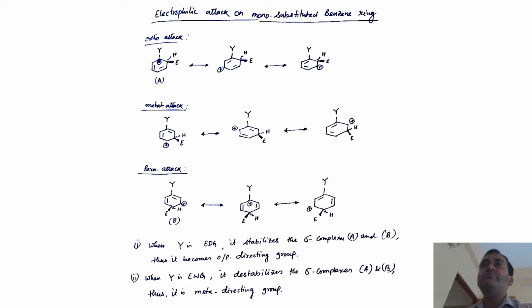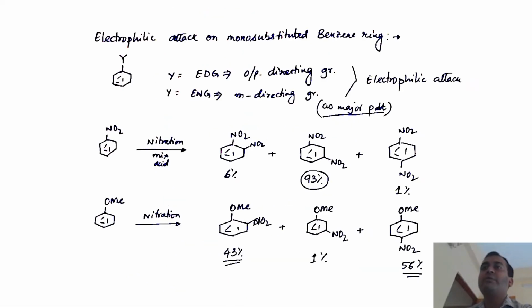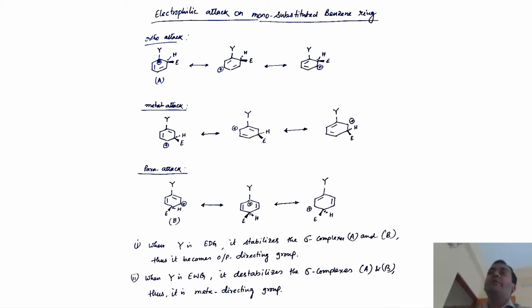You have this benzene ring with Y, and when an electrophile denoted by E comes and attacks the ortho position, you generate a positive charge on the carbon center which is directly attached to the substituent, the Y group.